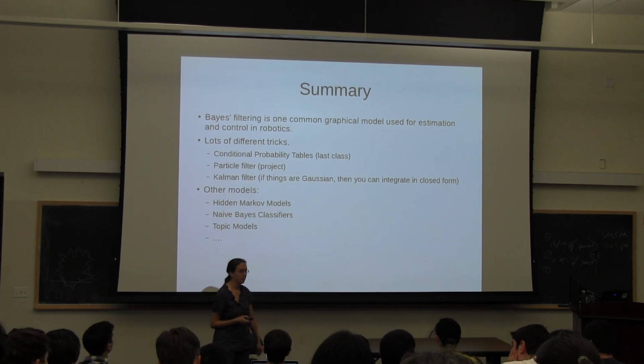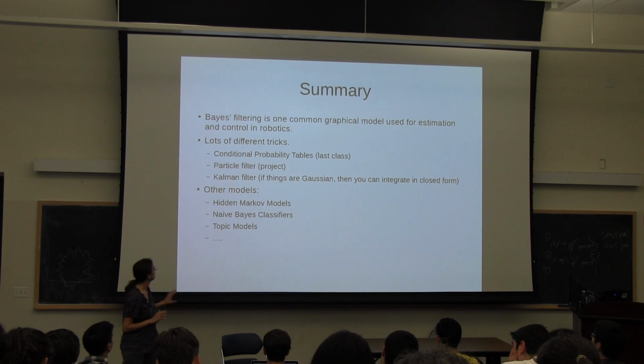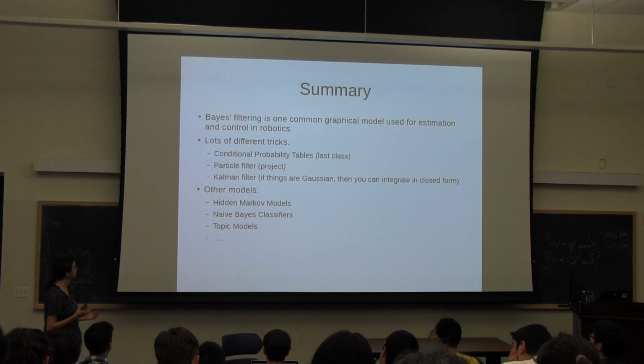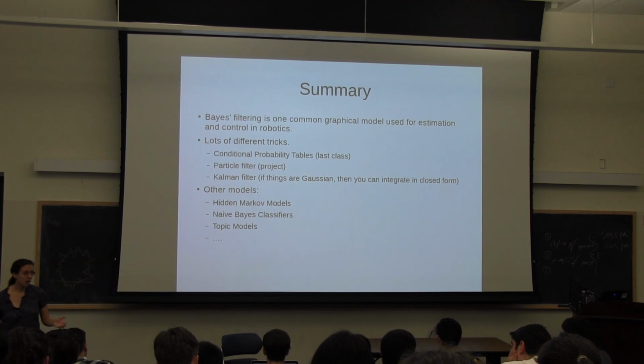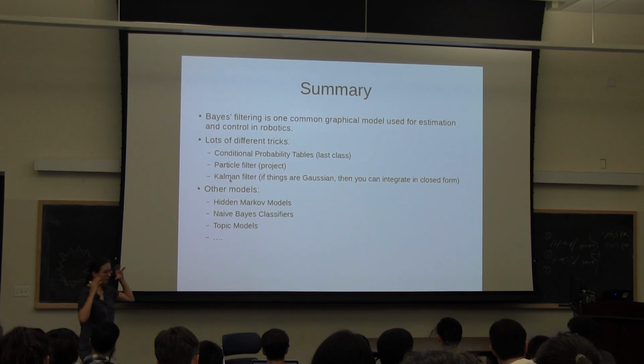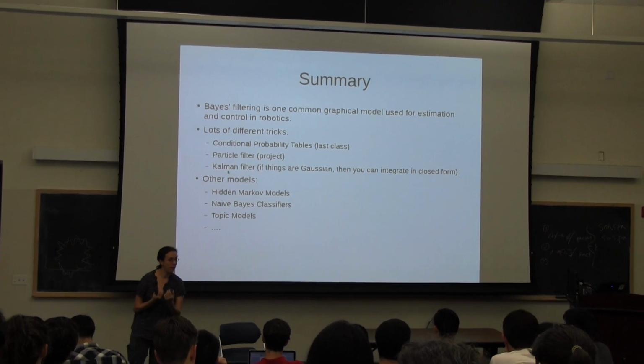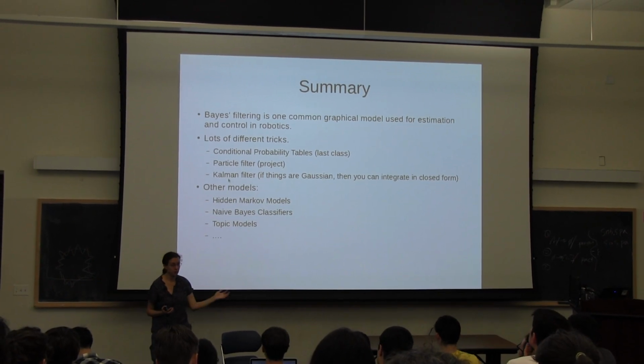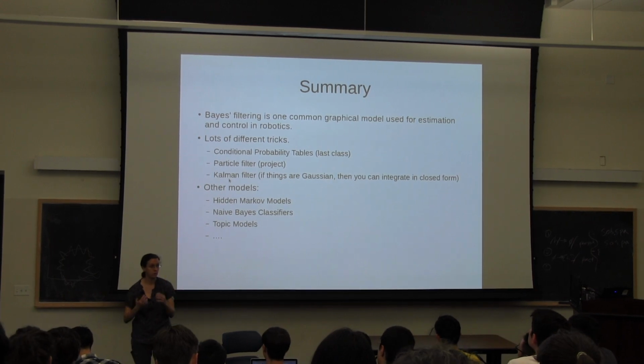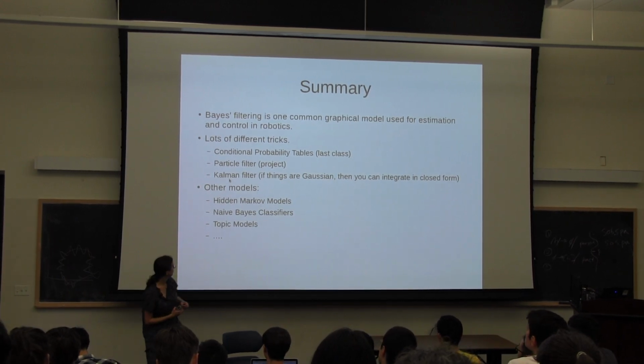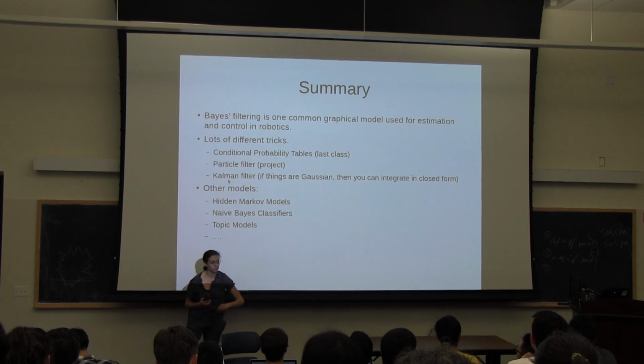Okay, so this is basically a summary slide of where we've gotten so far. We've talked about Bayes filtering as one common graphical model. Of course, even beyond Bayes filtering, there are many, many other graphical models, and we're going to talk about them in the rest of the course. Next we're going to talk about naive Bayes classifiers and logistic regression.